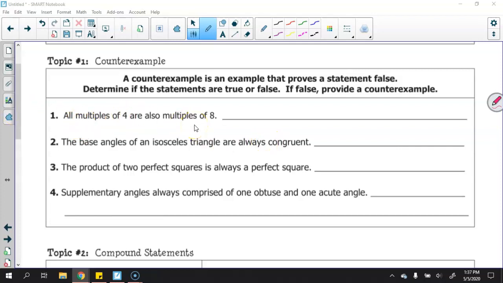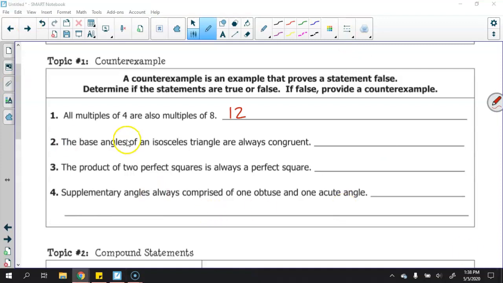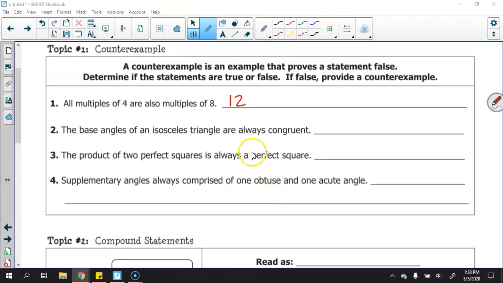Like for number 1, a multiple of 4 would be 4, 8, 12, 16, 20, and so on. Well, 12 is not a multiple of 8. All right. And then base angles for isosceles.